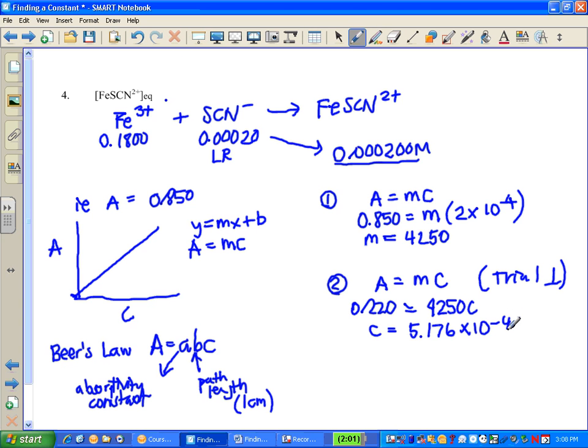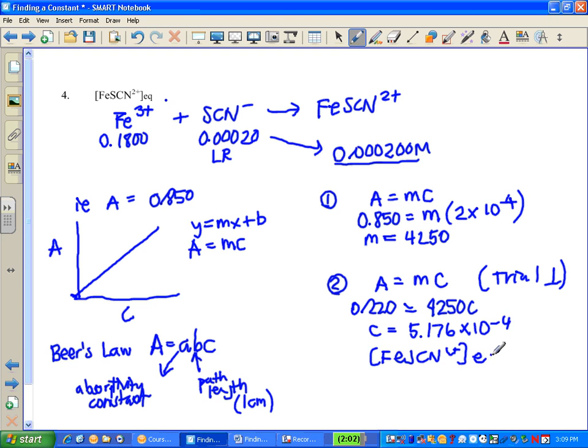So you don't want to lose any significant digits here, so carry at least 4 significant digits while we're going through this problem, because we're going to be using this number a little bit later. Now that's for trial 1. You can do the same for each of the other 3 trials. So make yourself another table, concentration of FeSCN 2+.